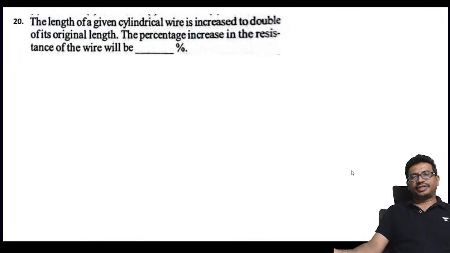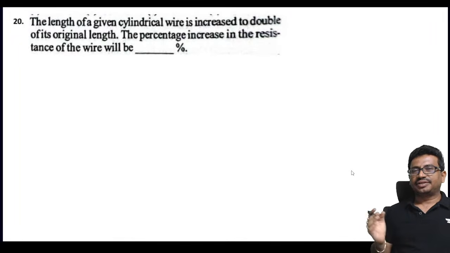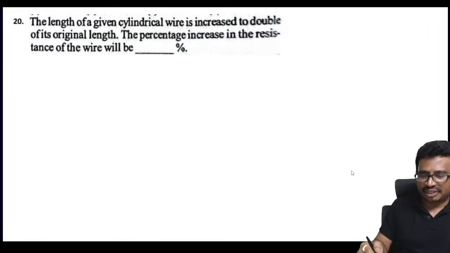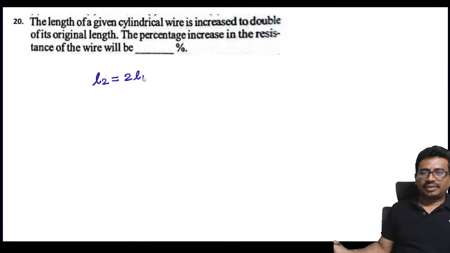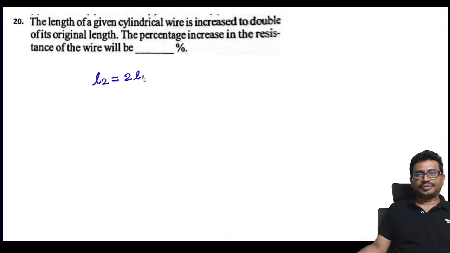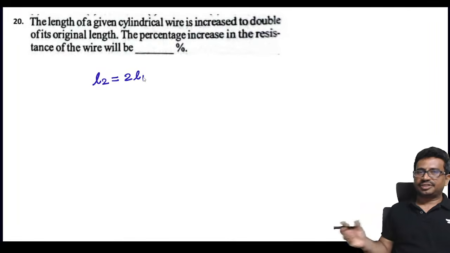The length of a given cylindrical wire is increased to double of its original length. So this is L2 is equal to 2 times L1, double. They are asking to increase it to double. It is stretched.